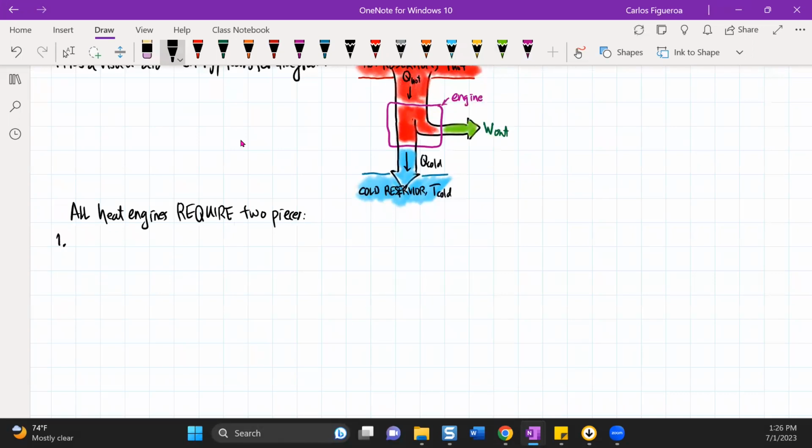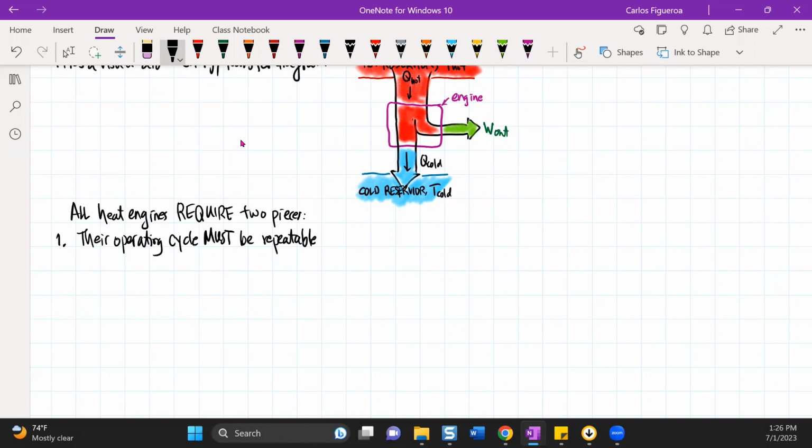So the first thing here is that their operating cycle must be repeatable. It has to repeat itself over and over again.